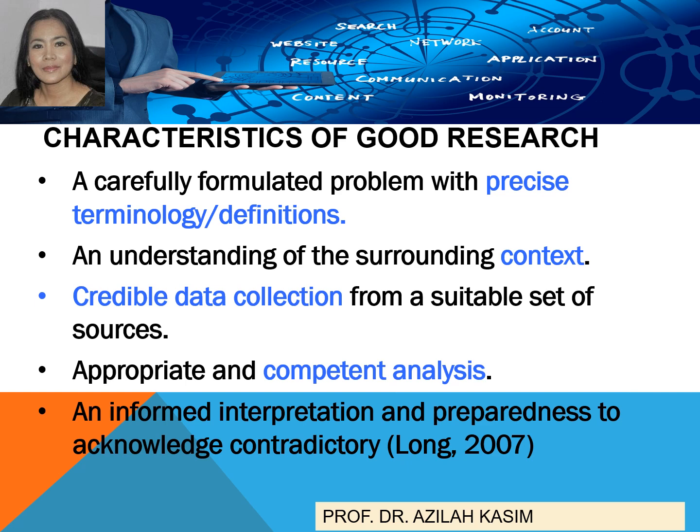Why is it that the finding is this way? There must be a reason. Then you provide that reason. You justify your findings, because your finding is still valid. It depicts the real context. So that's why you have to be prepared to acknowledge any contradictory findings that you have.